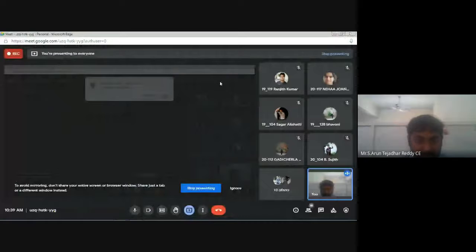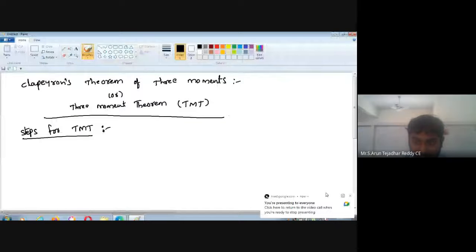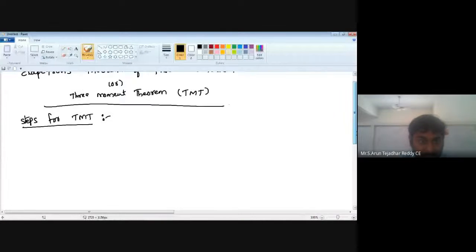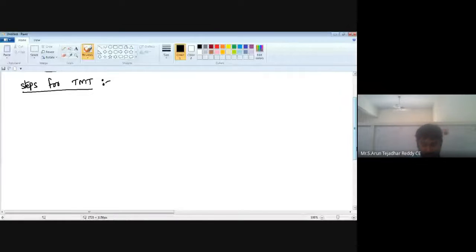Write down each and every step here, then you can easily understand while we are calculating the Clapeyron's theorem.